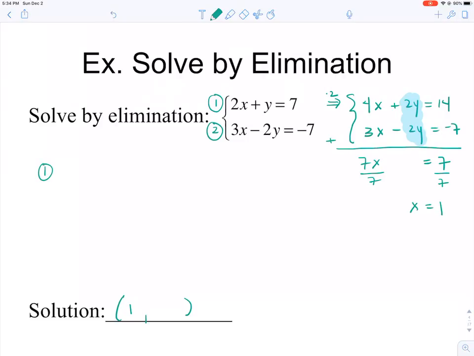But it doesn't matter which one, so that's going to be 2 plus y equals 7. Subtracting 2 on each side of the equation, we'll have y is equal to 5.